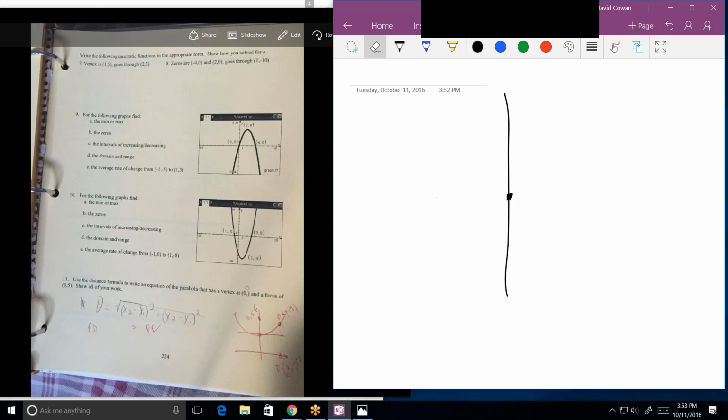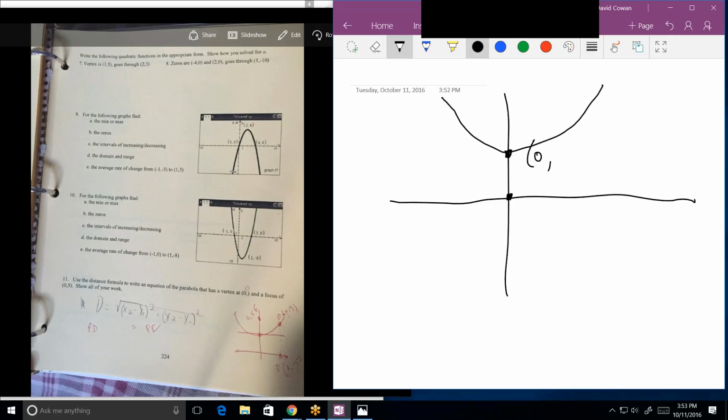I screwed up. In other words, if the vertex is somewhere here, say, then the coordinates would be 0, something, right? So the vertex is on the y-axis, but we don't know where. We'll draw it like that.